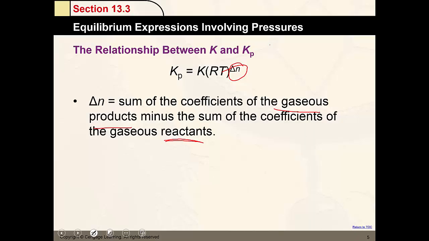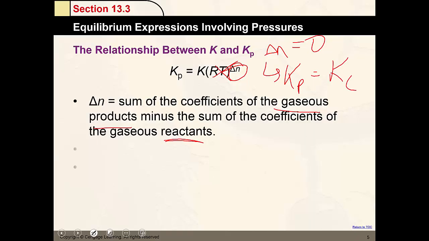However, if the number of moles of gaseous products and reactants are equal, if delta n is 0, the sums of both sides are identical, that means this RT term cancels out, and that means Kp will be equal to Kc.